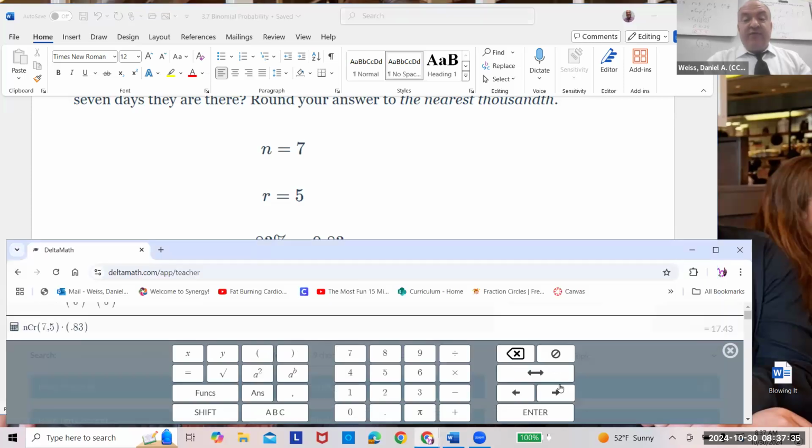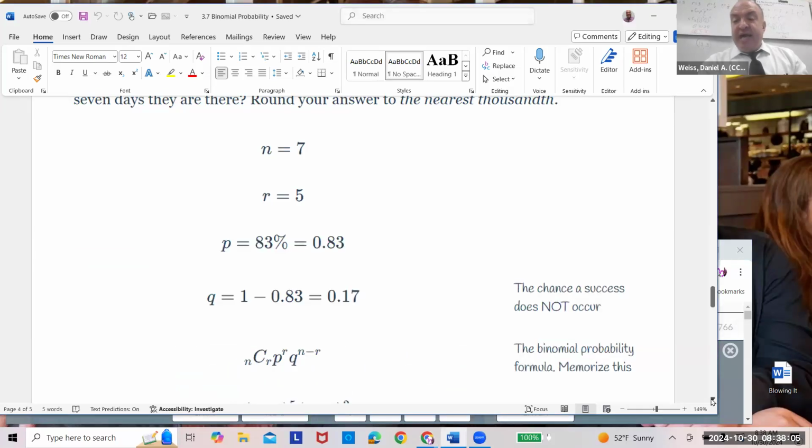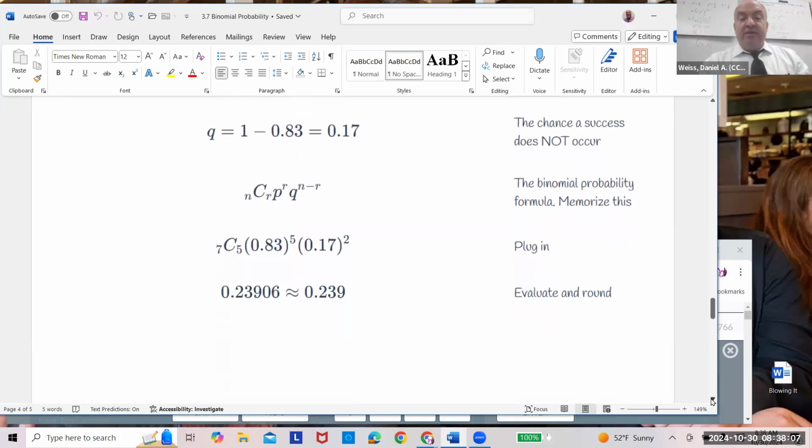So I'm going to do to the 5th power. Okay, so I'm going to hit the A to the B key and put 5. And then I'm going to go to the right and click times. Then I'm going to click 0.17. Click outside the parentheses. 7 minus 5 is 2. So I'm going to click to the 2nd power. You see how I get 0.23906, right? So my answer will be 0.239. Okay, just like that.